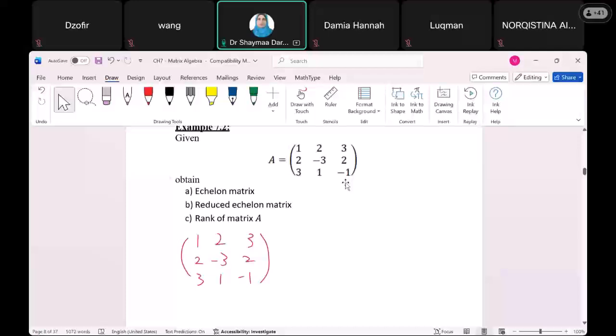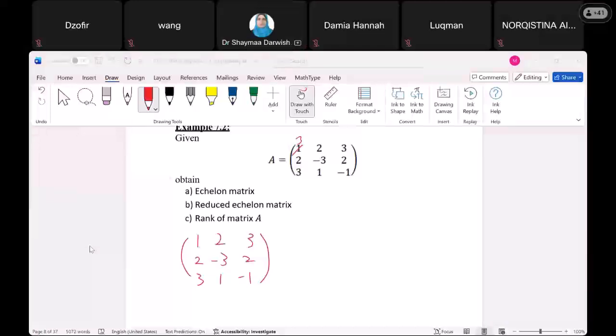Okay. Second step, the first row should start with 1. If not, you have to divide by the number. For example, if my matrix started with 3, 3, 2, 3, I would have to divide the first row by 3. But here the first number is already 1, so no need.